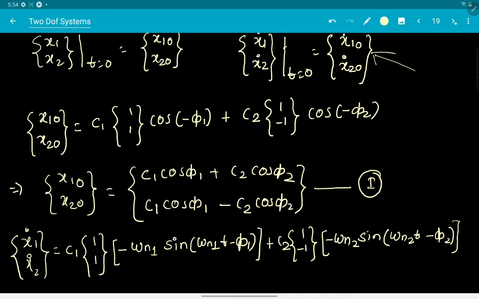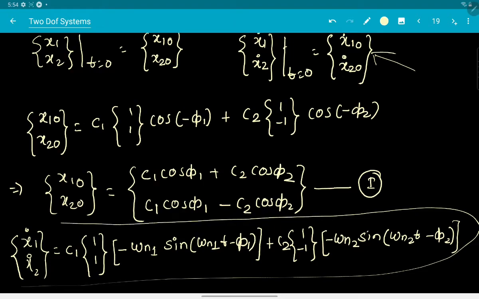So this is the velocity expression that you have obtained.